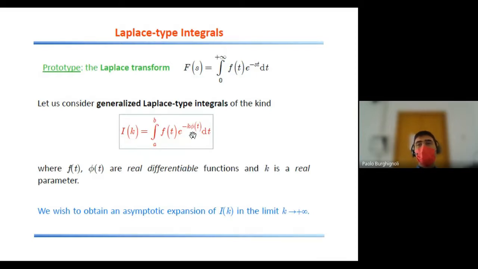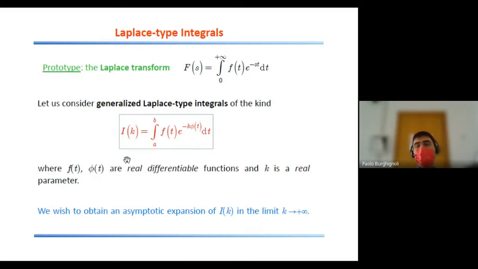We will call it phi of t. And this parameter k is the so-called large parameter, because we wish to evaluate this expression in the asymptotic limit when k becomes large. Note that there are two functions involved, the function f that multiplies the exponential and the function phi, which is in the exponent of the exponential.